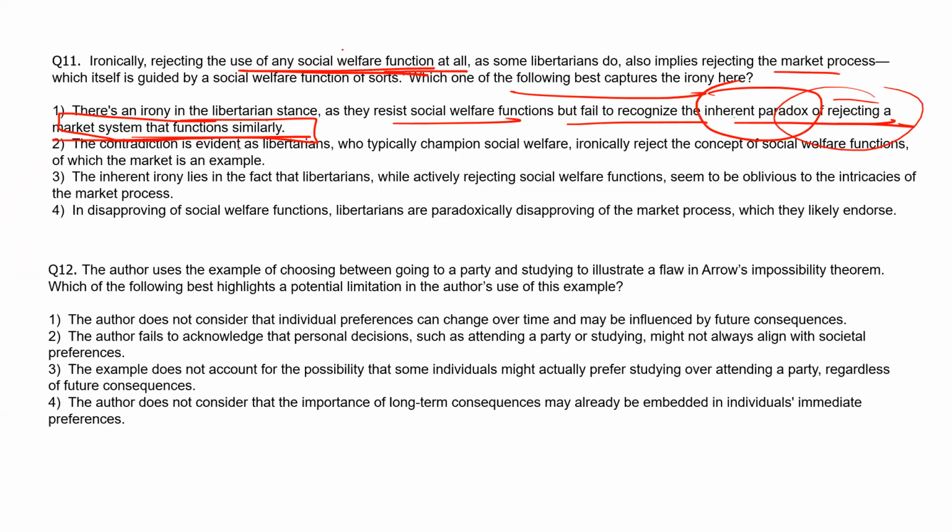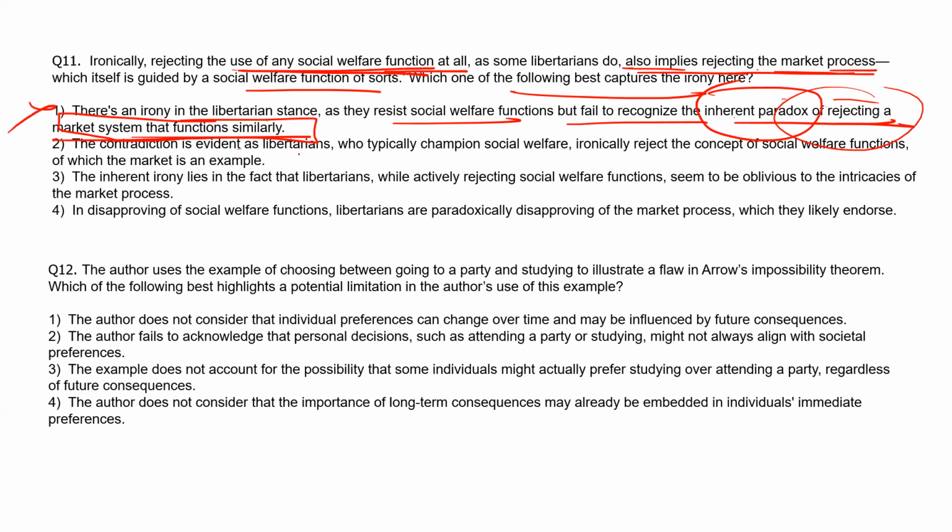If you are rejecting social welfare, you are rejecting market process, but then that market process itself is guided by social welfare function. And obviously any libertarian or any liberal economics fellow will not reject the market process. He will definitely embrace the market process, because market process is what he believes in. So this option A is totally wrong.